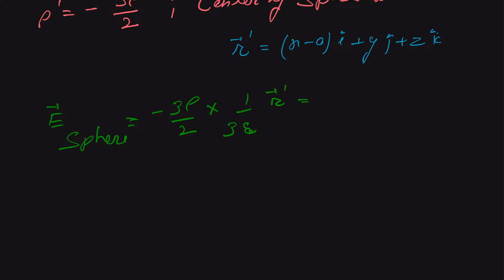So 3 and 3 are going to cancel out. This comes as minus rho upon 2 epsilon naught times the r prime vector.